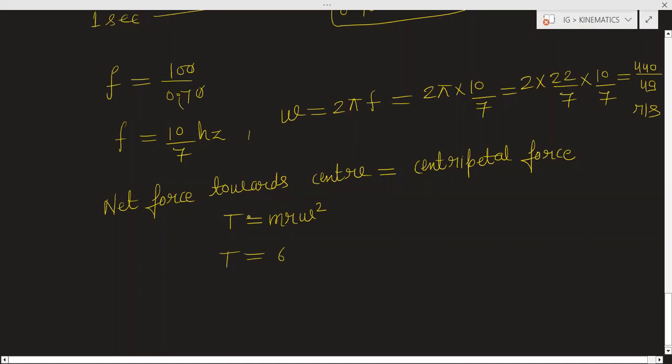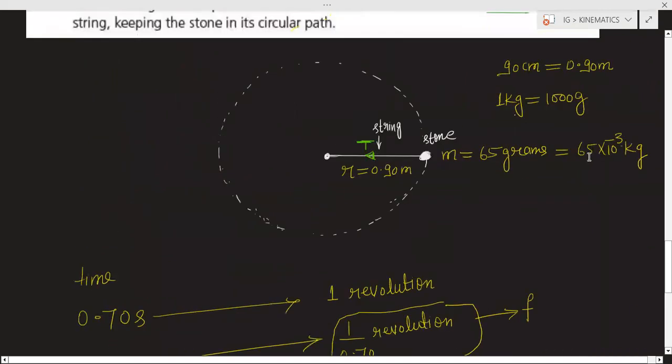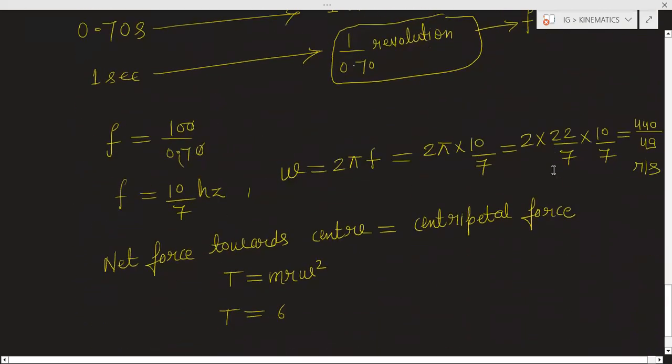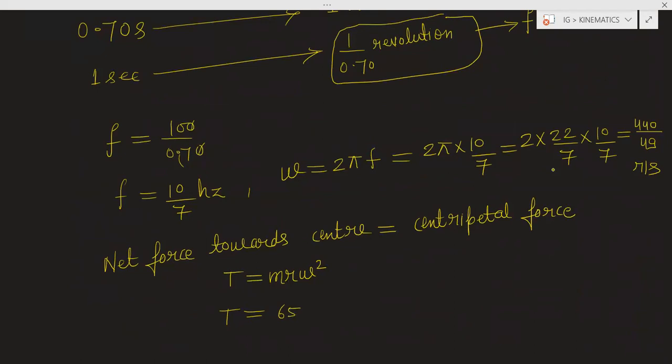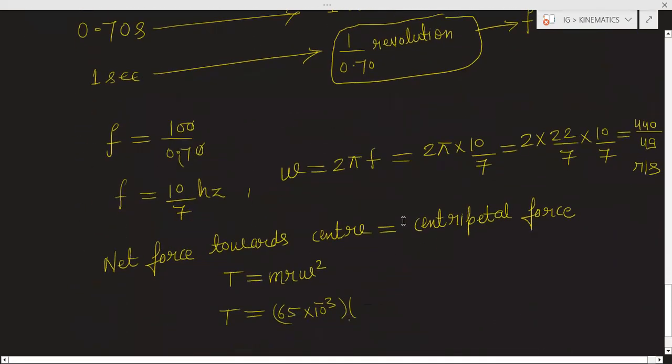The mass is 65 into 10 to the power minus 3 kg. The radius is 0.90 meter.